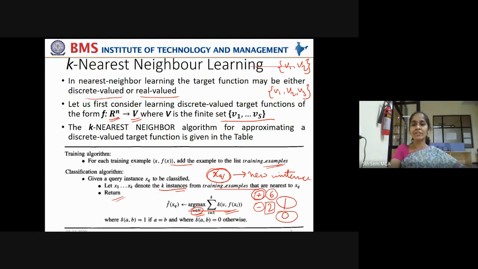So this new instance is being put into positive class, not the negative class. Okay, that is what we mean by this argmax. Argmax, the number of odds, calculate the number of odds wherever it is maximum, assign to that particular class. That is the estimated target of xq, that is the estimated classification of xq, denoted by f cap of xq, new instance xq.